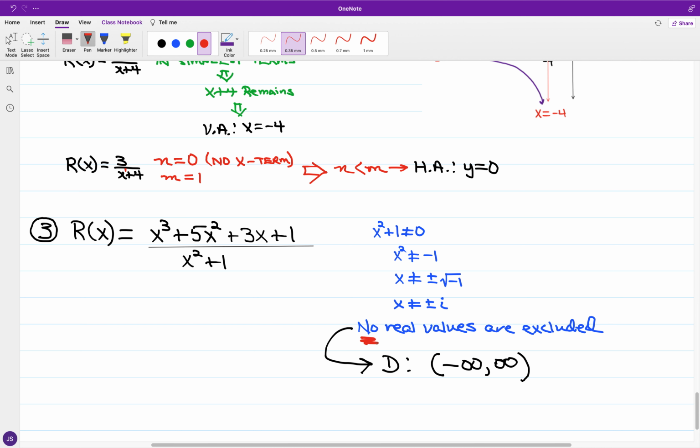And since there are no real values that are excluded, that means there's no exclusion that's going to be a hole or vertical asymptote.